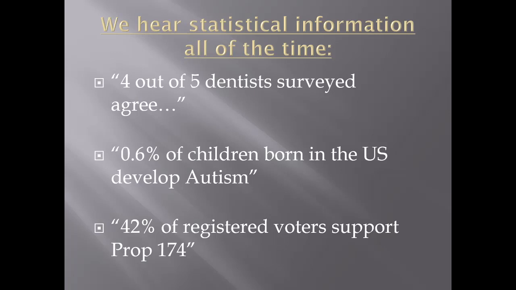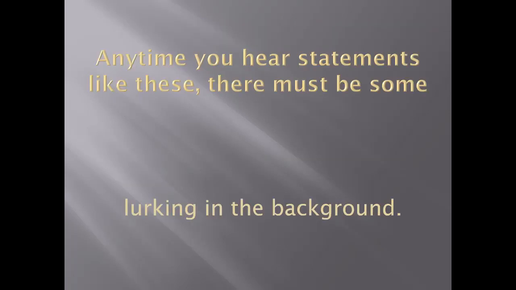So whenever we hear claims like that, there's got to be some mechanism in the background that allows those manufacturers or those people that are creating the ads to make those claims. Anytime you hear statements like these, there must be some data lurking in the background.